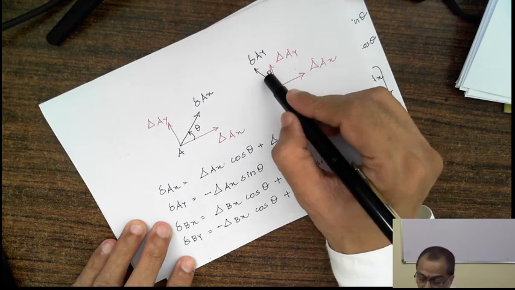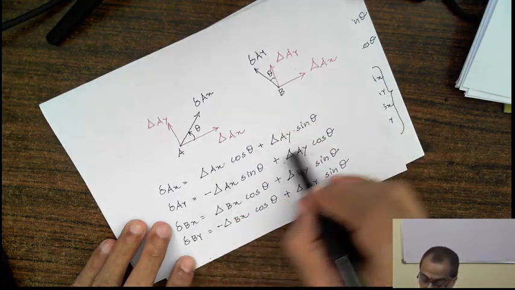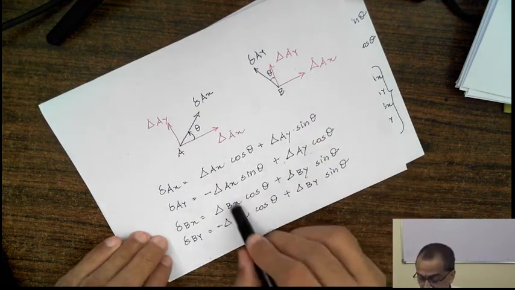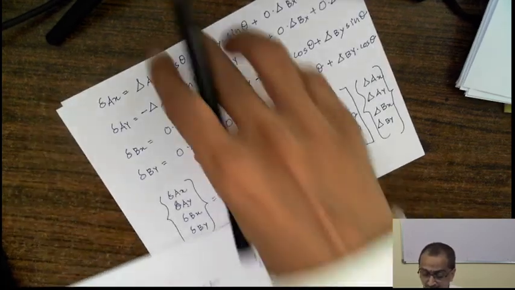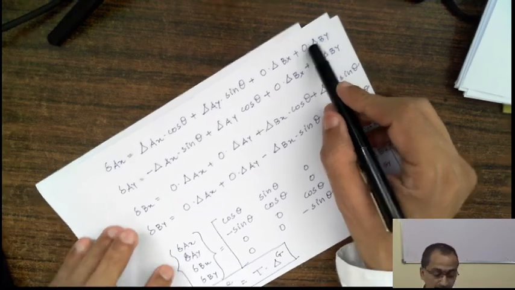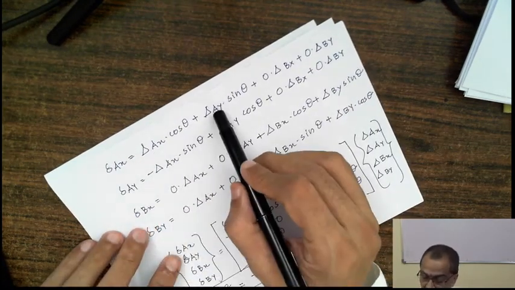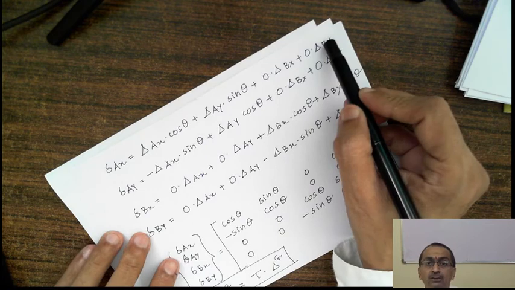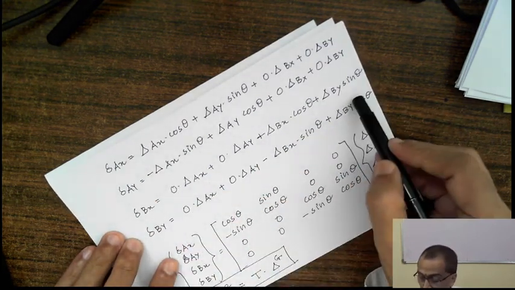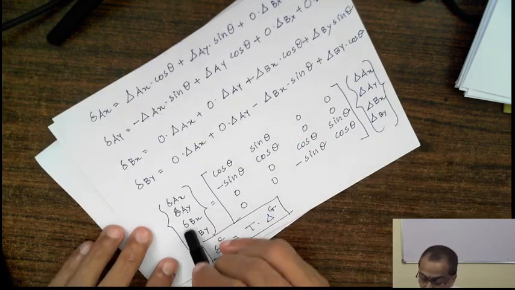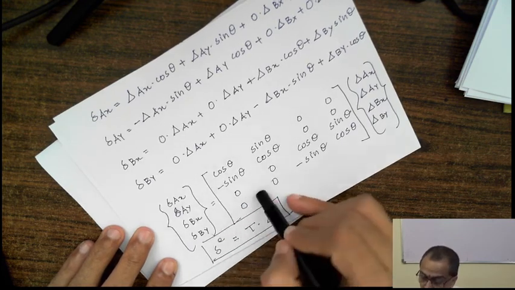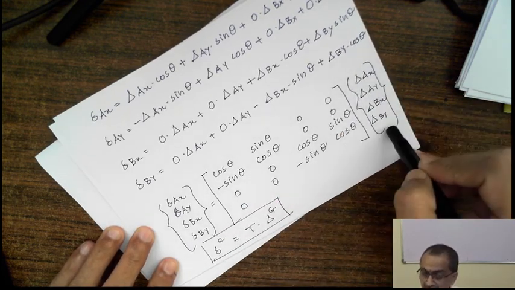Similarly, we can write the same equations at joint B. I can expand those equations by writing all the global displacements, and by simplifying I obtain that this local displacement vector is equal to this transformation matrix into global displacement vector.